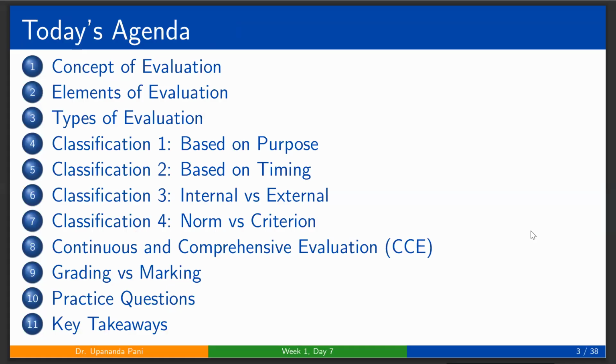We will try to understand the concept of evaluation, elements of evaluation, types of evaluation: classification 1, based on the purpose; classification 2, based on timing; classification 3, internal versus external; classification 4, norm versus criteria; then continuous and comprehensive evaluation, grading versus marking, practice questions, and key takeaways.